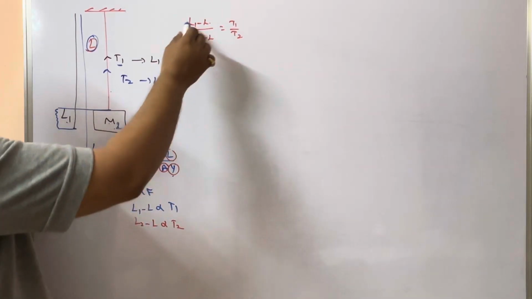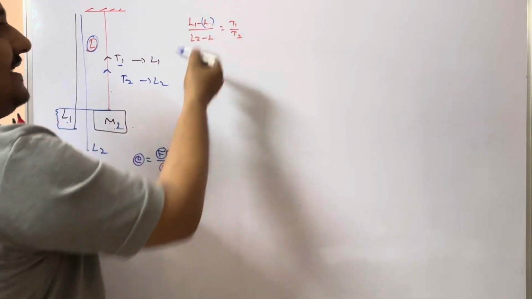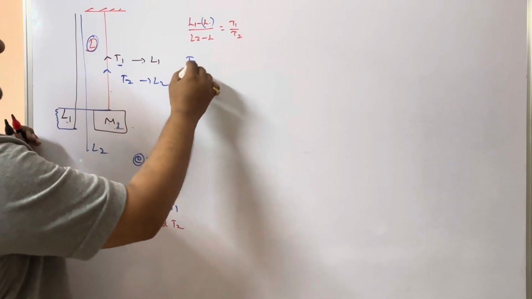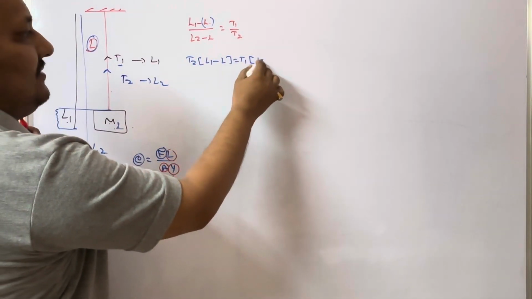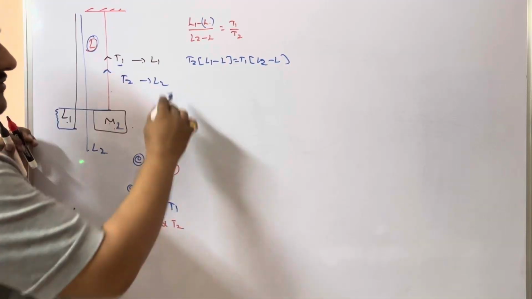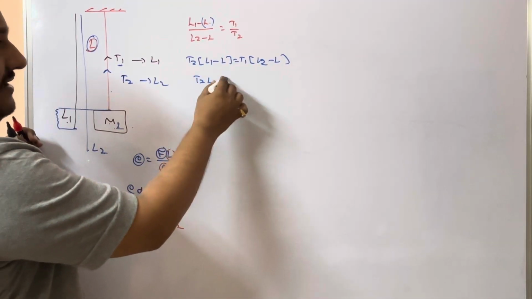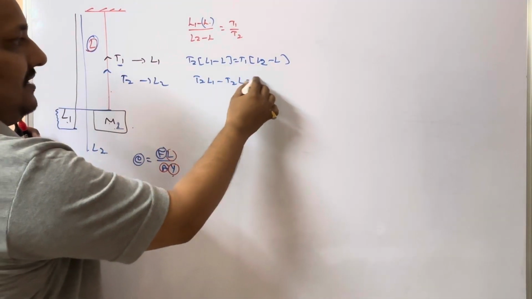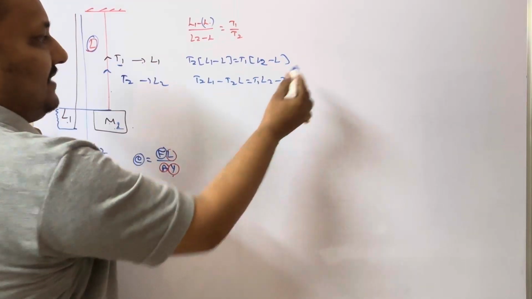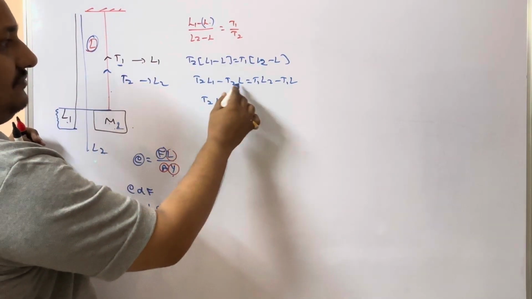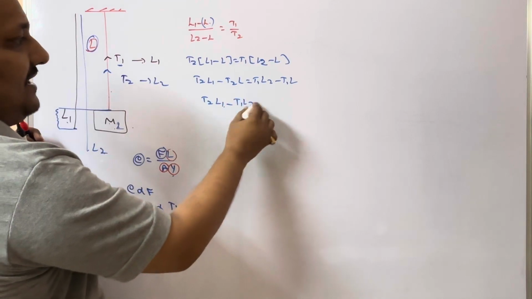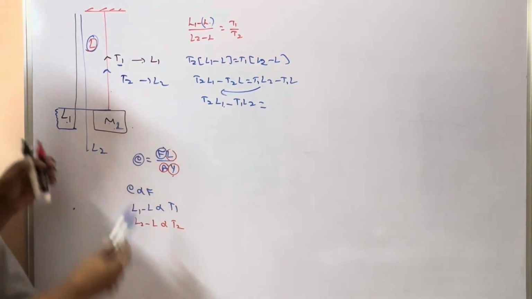From here, this is a mathematical calculation to find the initial length. T2 into L1 minus L equals T1 into L2 minus L. We want L. T2L1 minus T2L equals T1L2 minus T1L. So T2L1 minus T1L2 we bring to the left side.